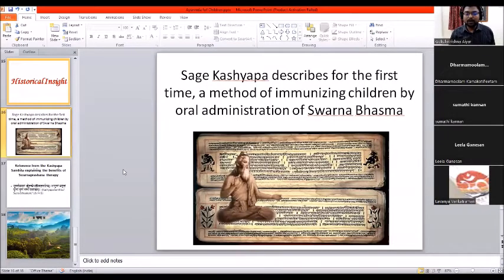an assembly of rishis who were very advanced in age. All of them were very great scholars in Ayurveda. When he wanted to present something, all the Maharshis laughed at him, saying he is very small, just a young child, and not competent to present something on Ayurveda or to treat patients.